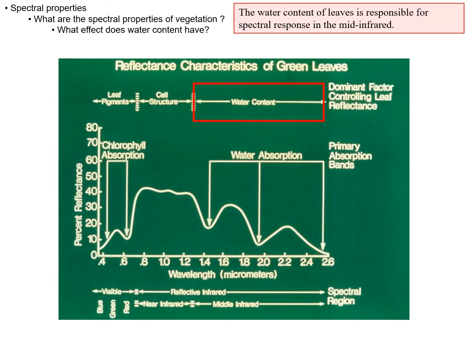Back to this diagram, we're now concerned with water content, and that's the factor that's primarily responsible for variation in the middle infrared. And you can see that I've identified 3 water absorption features in the mid-infrared.